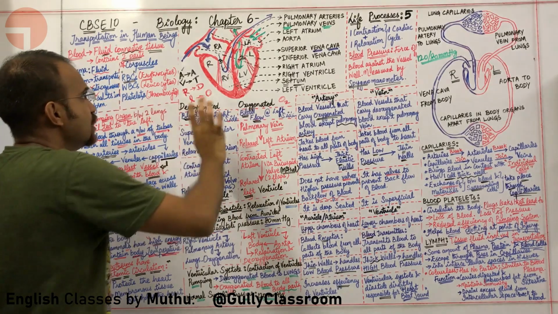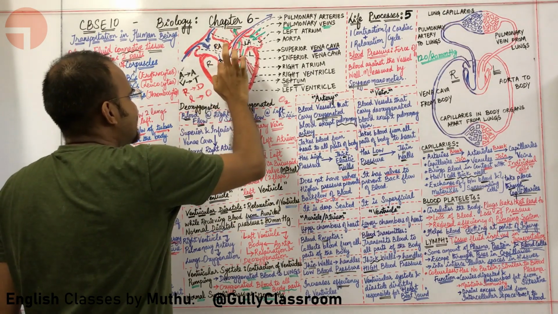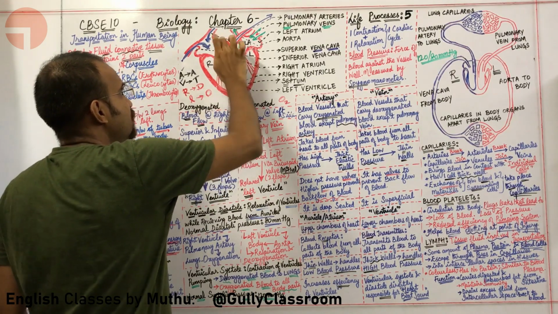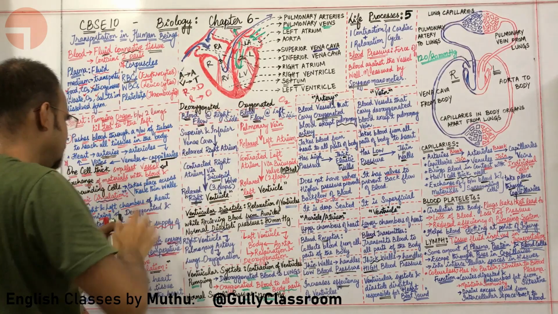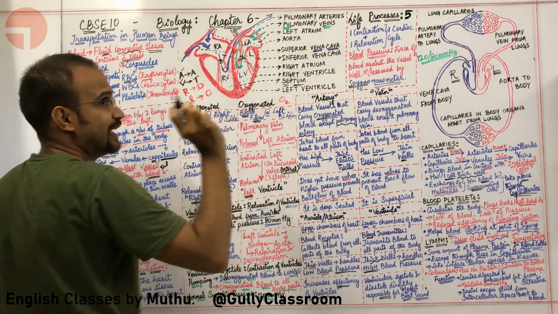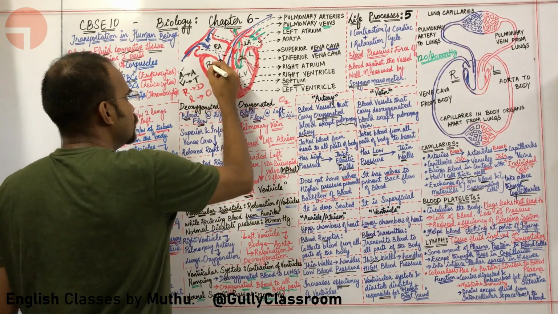Okay, sir. So, how am I supposed to remember that the right side of the heart contains a tricuspid valve between auricle and ventricle? It is very, very easy. Look here. Let me write the letter R. 1, 2, 3.